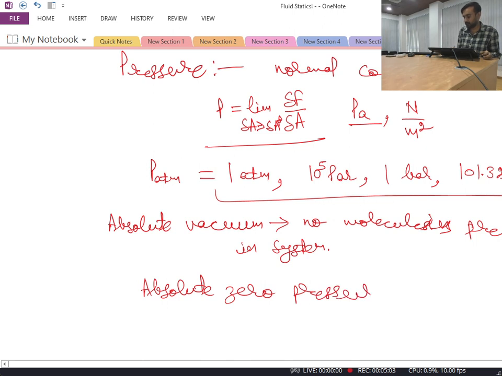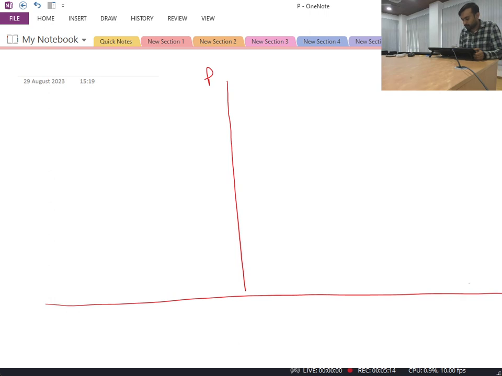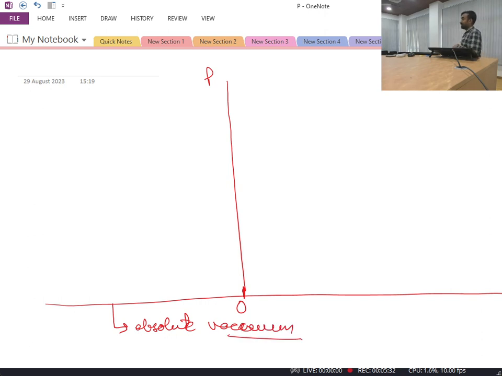So I can represent the measurement of pressure here in the vertical direction, and say this is the bottommost reference point where the value of pressure is equal to 0. This value of pressure corresponds to the absolute vacuum. Absolute vacuum means no molecule is present in the system whose pressure we are trying to measure. When we have no molecule present, there will not be any molecular vibration, and we will not even have any weight of the molecules, so we will find that the value of pressure is equal to 0.